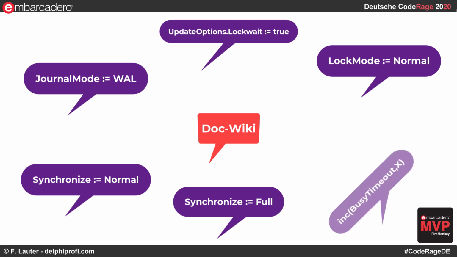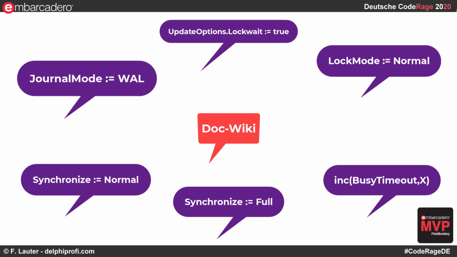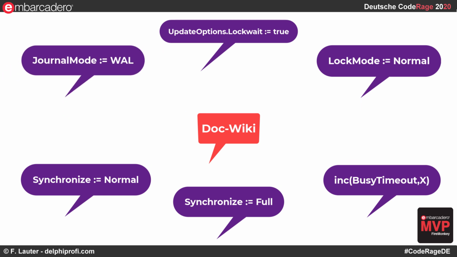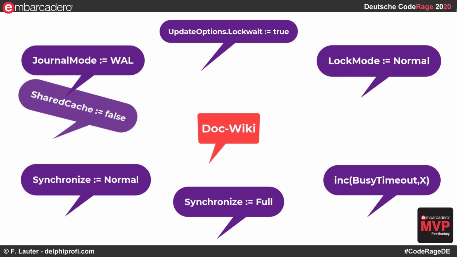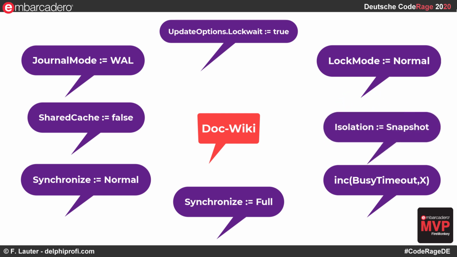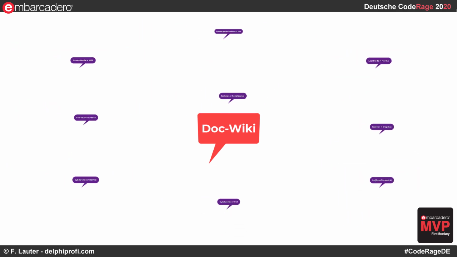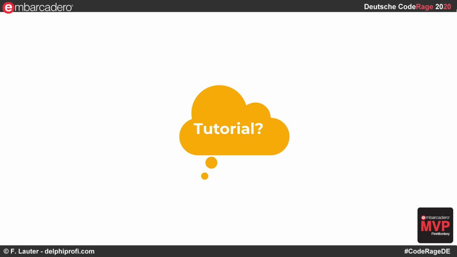Increase busy timeout to extend the waiting time for locks. Set journal mode to WAL. Then set shared cache to false and isolation to snapshot or serializable to prevent deadlocks. Okay. Sorry, but if you are 100% satisfied with this, please do a tutorial on this topic.